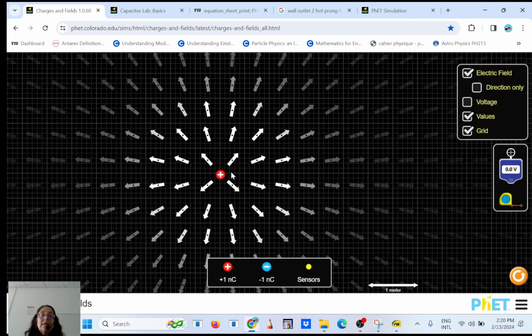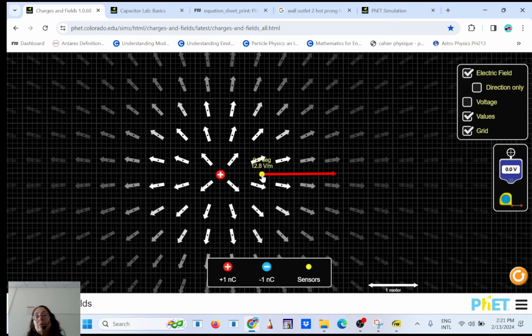So that electric field, as you move away, what's happening? Is it the same magnitude or is it decreasing? Decreasing. Okay. How does it decrease? The magnitude of the electric field at a given point will be the electric force per 1 coulomb.